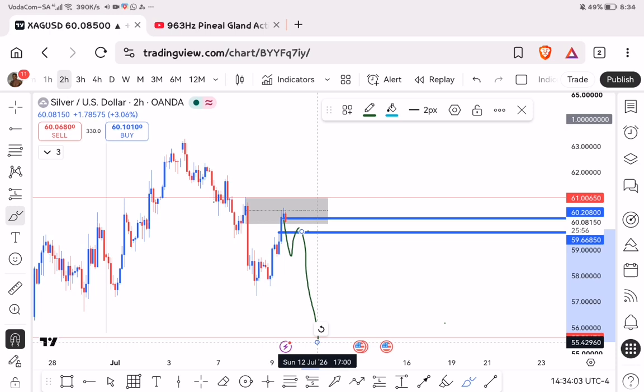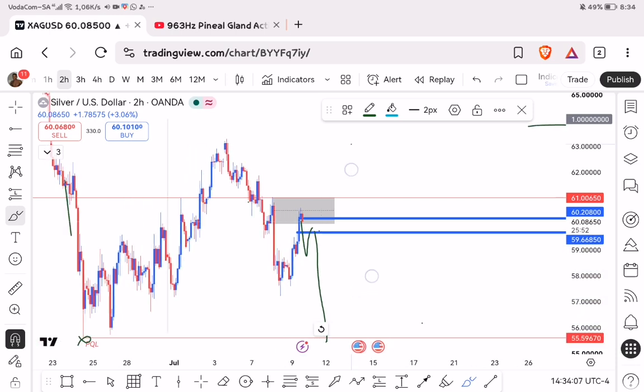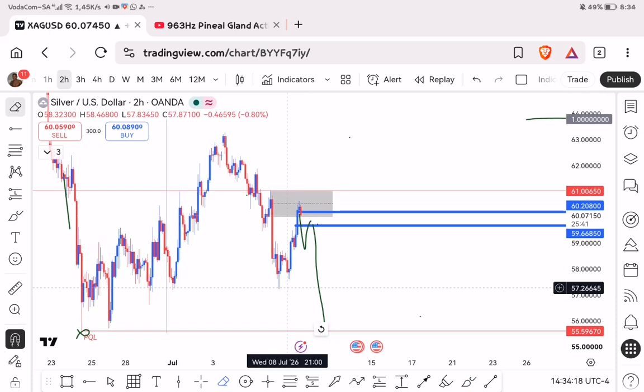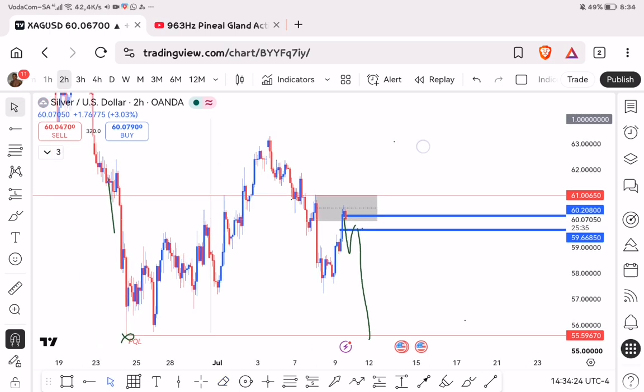It won't have to enter since it still falls within the initial setup, using those daily fair value gaps as a foundation or as a high time frame level to frame a setup.